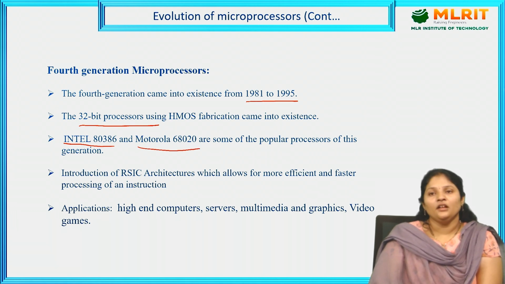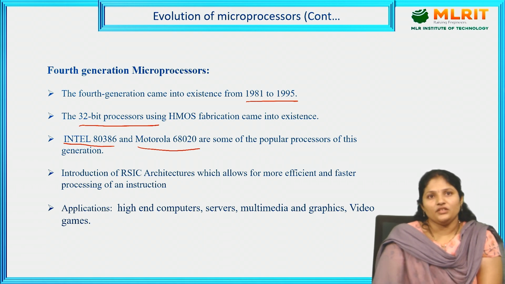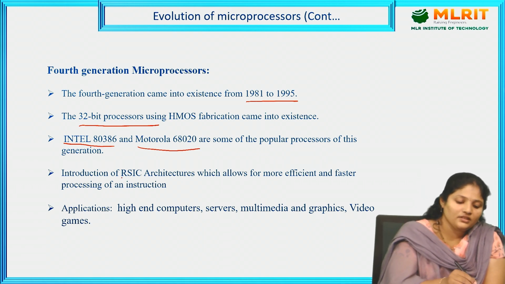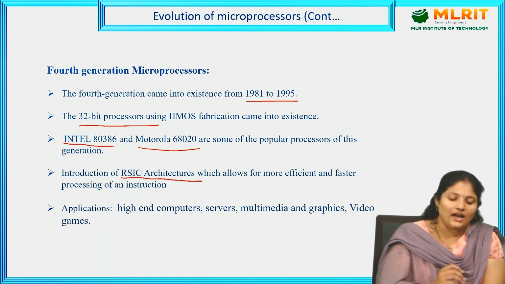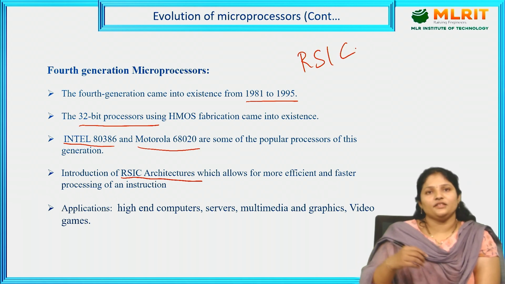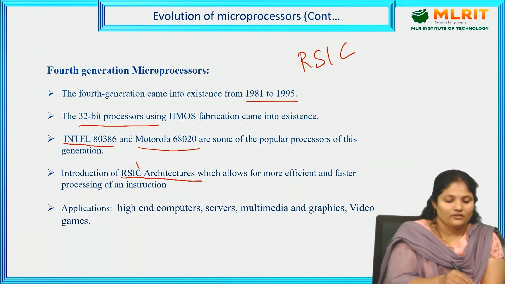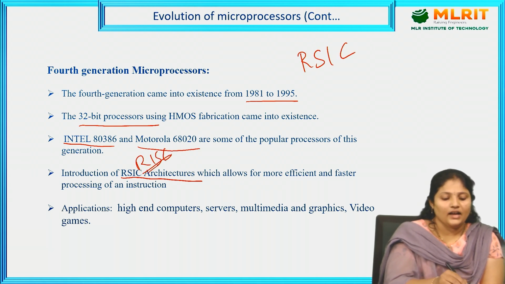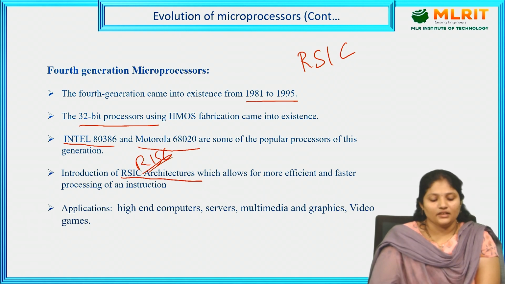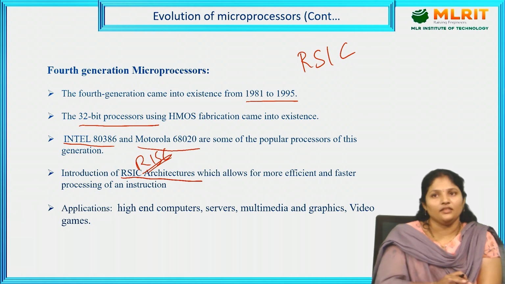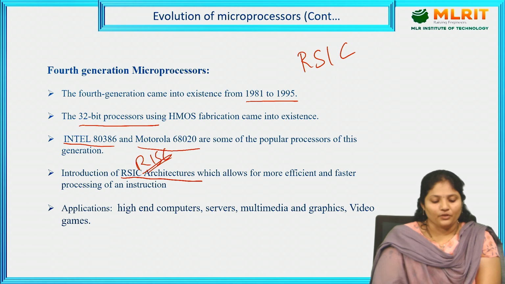The main thing in this fourth generation is that microprocessors introduced the RISC architecture, reduced instruction set computer.